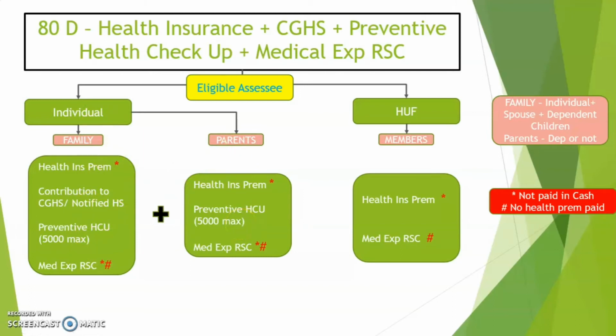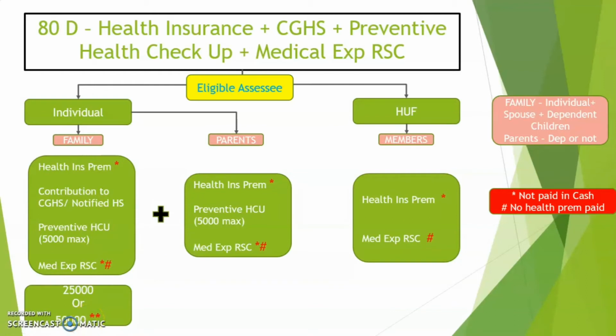Now let's see what's the quantum amount of deduction allowable. So the quantum deduction allowable here are 25,000 rupees or 50,000 rupees. Now this 25,000 rupees is for general category. But then if any person in this family, in this category of family, is a senior citizen, that deduction gets increased to rupees 50,000. Alright.